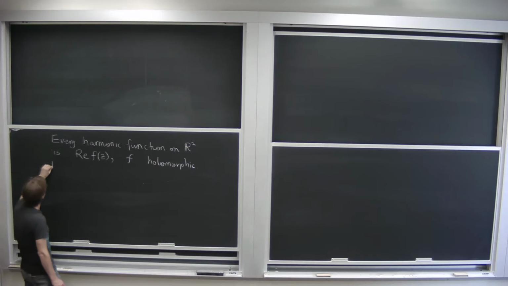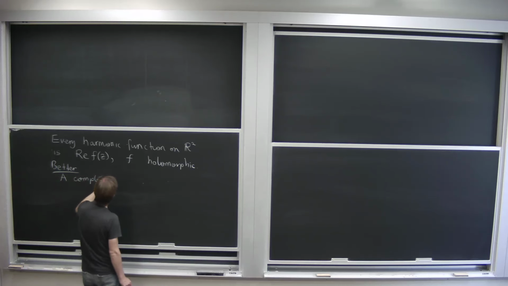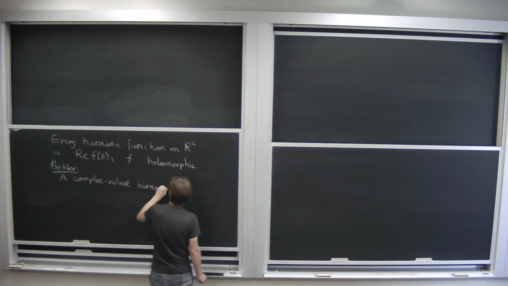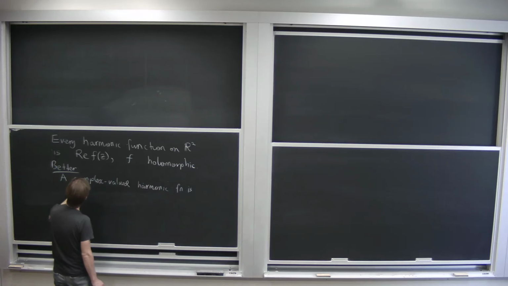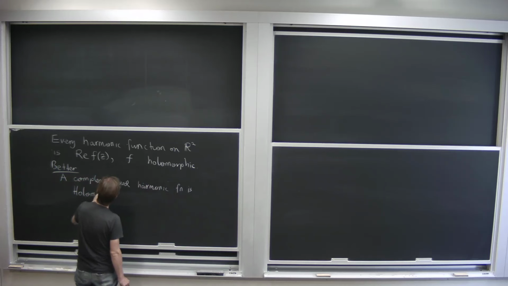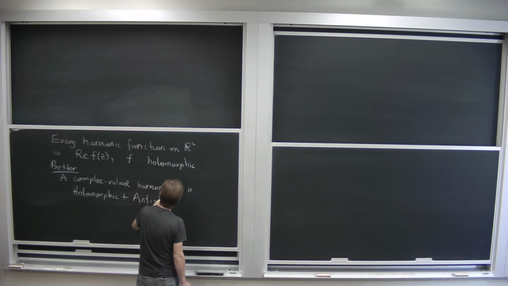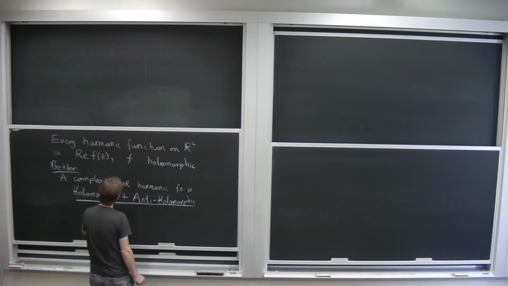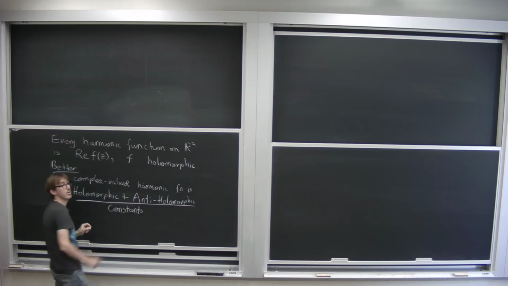Maybe a better way to say it is that a complex valued harmonic function is holomorphic plus anti-holomorphic, and then we have to mod out by the fact that the constants appear in both.